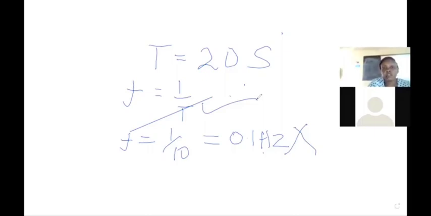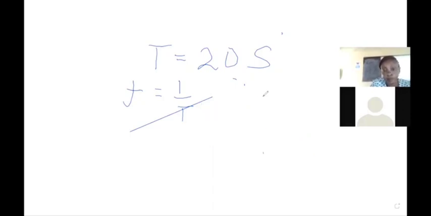But we have the subsequent question part, which was asking for the wavelength, given the velocity of the wave. So we now use this answer, 0.1, in that other question. That other question was 3 marks.